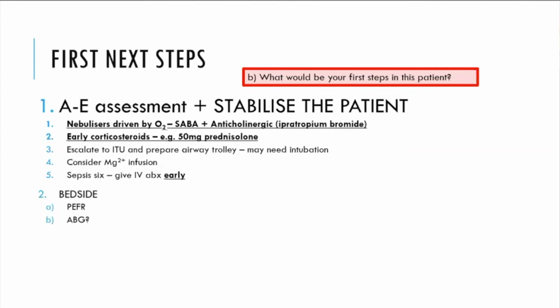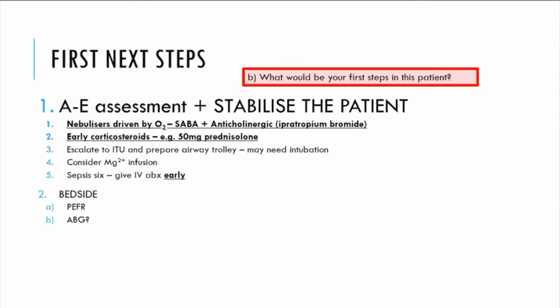Bedside wise, yes, the peak expiratory flow you want to do, not in this patient who's almost peri-arrest, but once they start to improve, you want to do a peak expiratory flow and then use the percentage. The percentage that you use is actual peak expiratory flow over their ideal peak expiratory flow, and then you want to see how much they're improving or not.